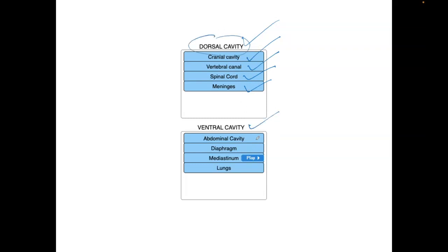In the front, in the ventral, you got the abdominal cavity, we have the diaphragm, we have the lungs, and the mediastinum. The mediastinum is a region between the lungs. It's between the lungs, the spinal column, and the sternum. So between the lungs, but in front of the spinal column, but behind the sternum, that's the mediastinum.